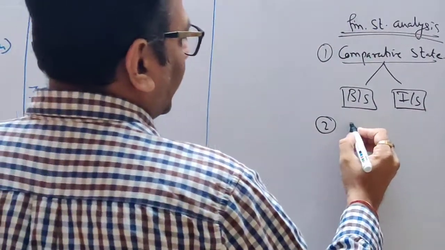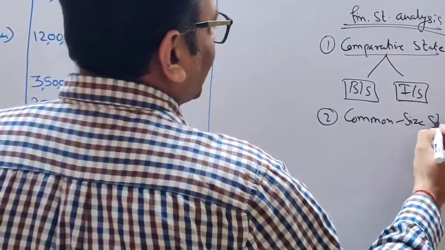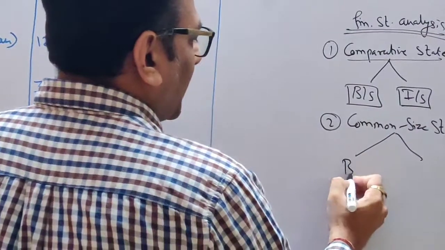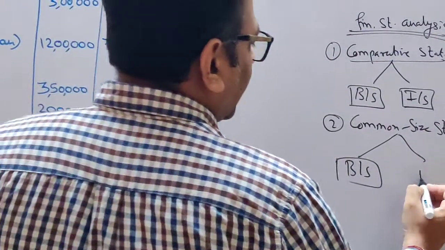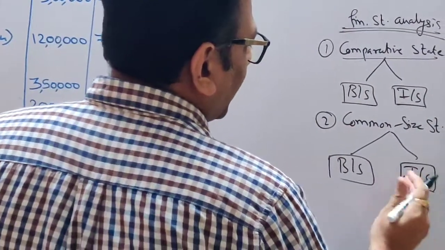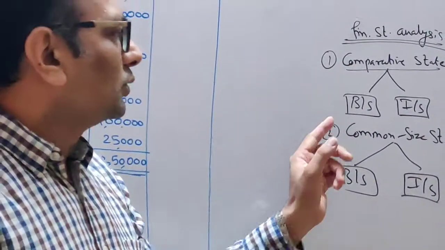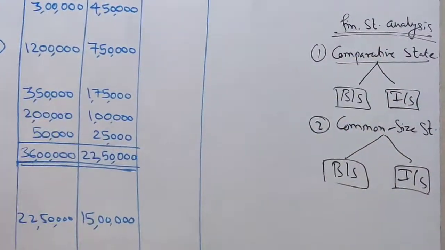Second tool, it is common size statement. Now in common size statement, again they may ask you to make common size balance sheet, or in exam they may ask you to make common size income statement. So these are the two tools which we use in analysis of financial statement.